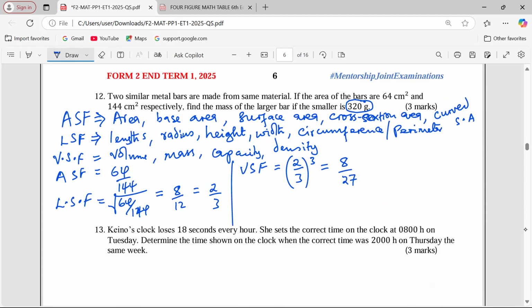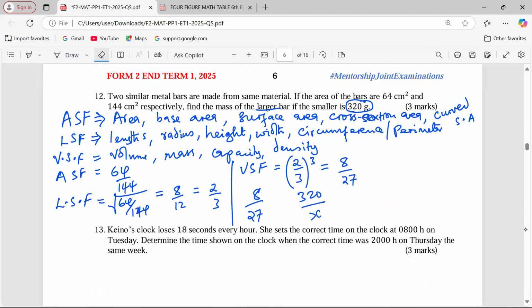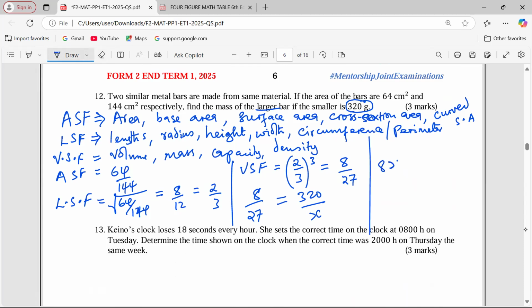We are finding the volume of the larger when that of the smaller is 320. So 8 over 27 equals 320 over x, where x is the volume of the larger. So 8x equals 27 times 320. To find the value of x, we work out 1080 grams.